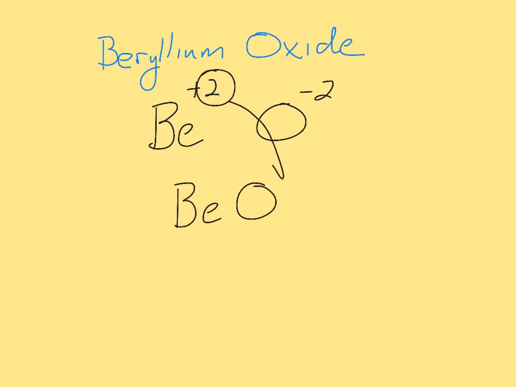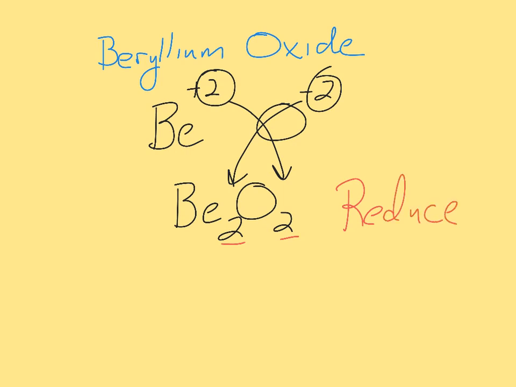I'm taking that 2 and crossing it over, and we get Be2O2. One last step here: because there's both 2, we can reduce. This is the specific ratio. We don't need 2 of each. We really can reduce this to just BeO, where we need 1 of each.